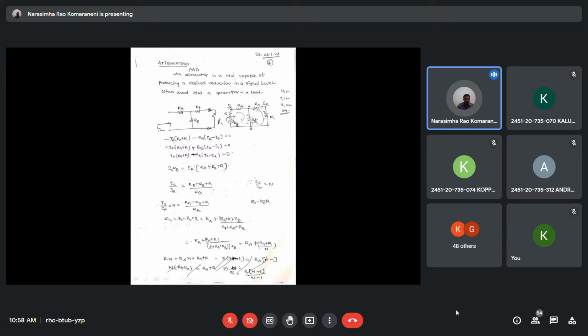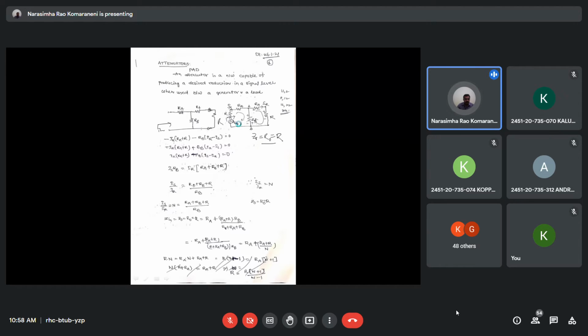In the case of attenuators, the characteristic impedance is denoted by Z0 or R0, equal to R. Now this circuit is terminated with R and connected on the input side with a source of EG and series resistance R.